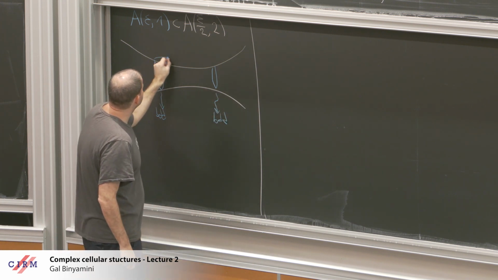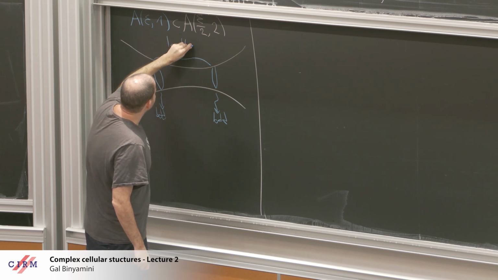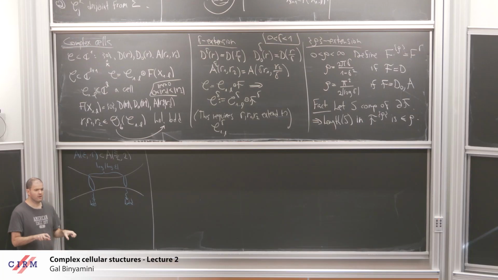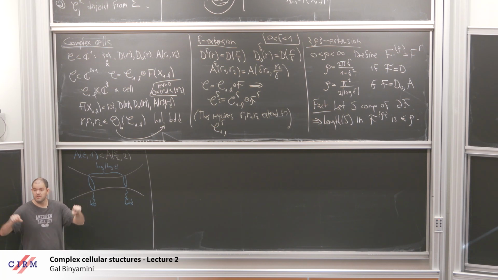And this is log epsilon. So as you decrease epsilon, your annulus sitting inside its extension looks like a tube that's becoming very long, but the sides remain at the same length.